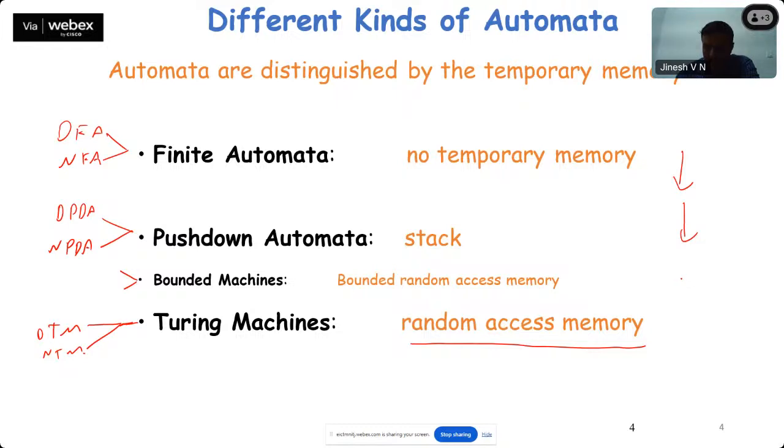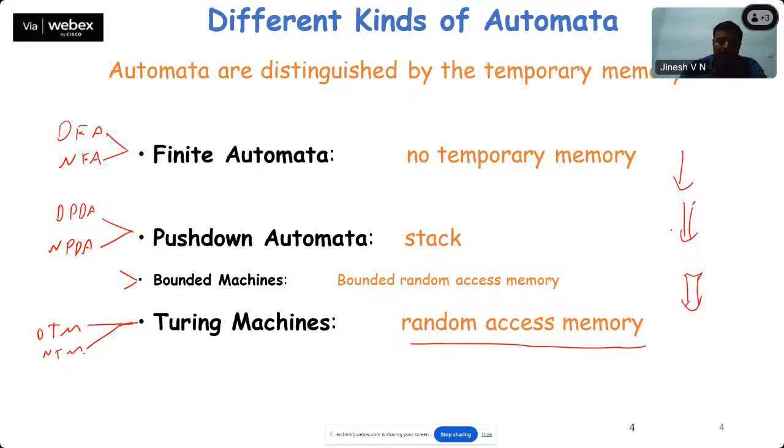That means most of the languages can be represented using a Turing machine. Most of the problems solvable with digital systems can be represented using our Turing machine.